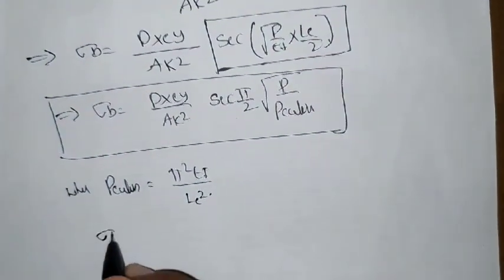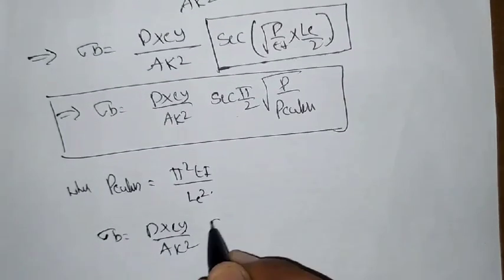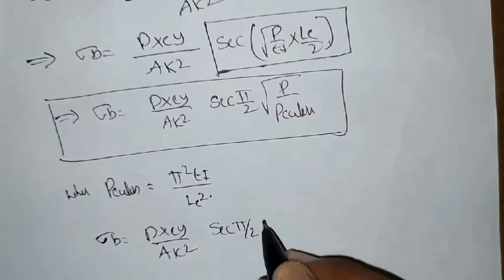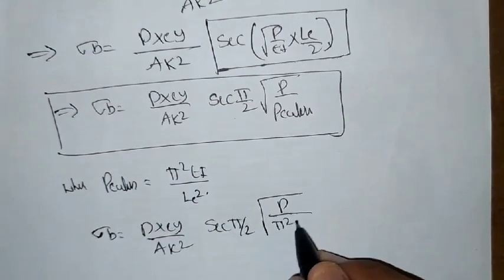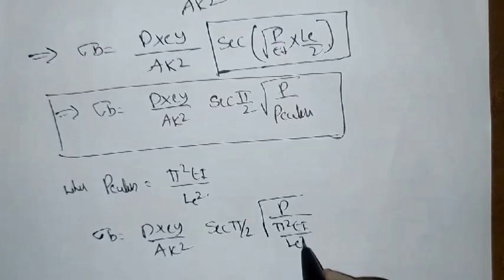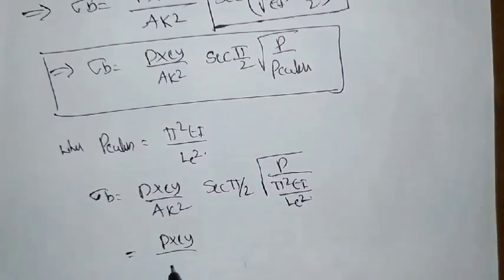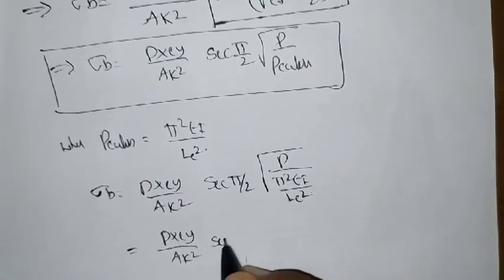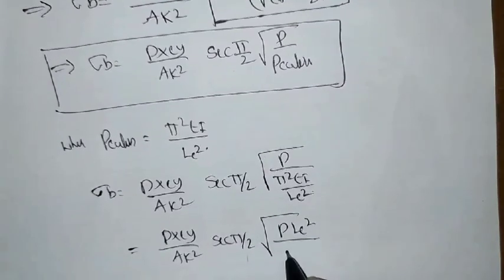So sigma b is equal to P e y by A k square into secant pi by 2 into root of P by P Euler, where P Euler is pi square EI by Le square.